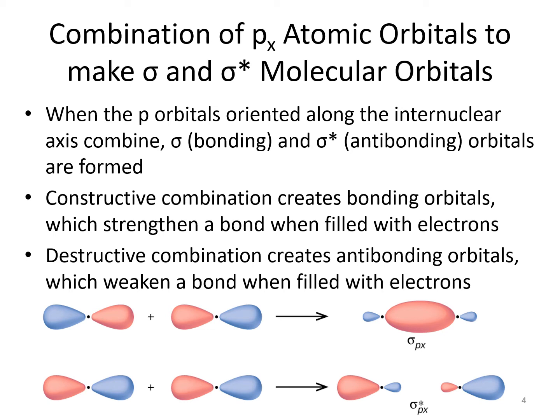Notice the electrons are mostly located between the two nuclei and again act like glue holding the atoms together. Destructive combination, on the other hand, makes an antibonding orbital, with the electrons mostly pointing away from the two atoms and pulling those atoms apart. This particular set of orbitals are sigma bonding and sigma antibonding, because the electrons are still along the internuclear axis.